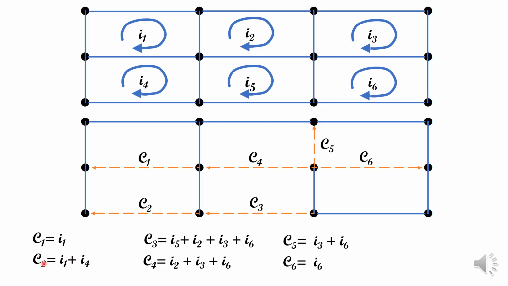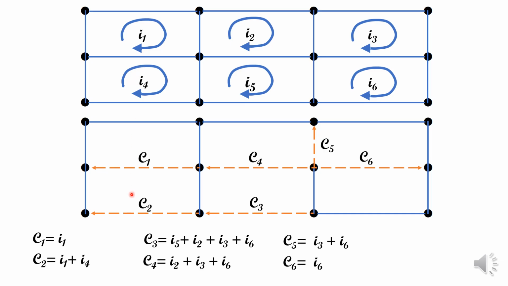And when I write C2 equal to I1 plus I4, I'm saying that a current in this cycle C2 can be expressed as a sum of these loop currents, I1 together with I4.